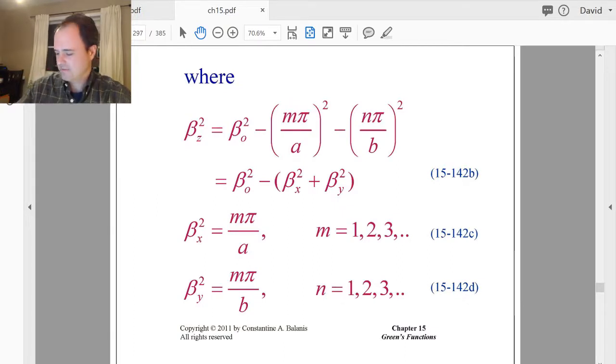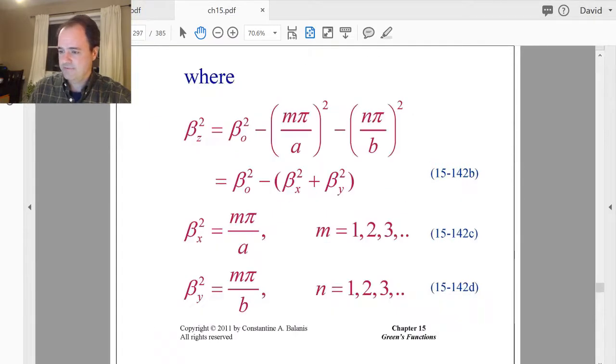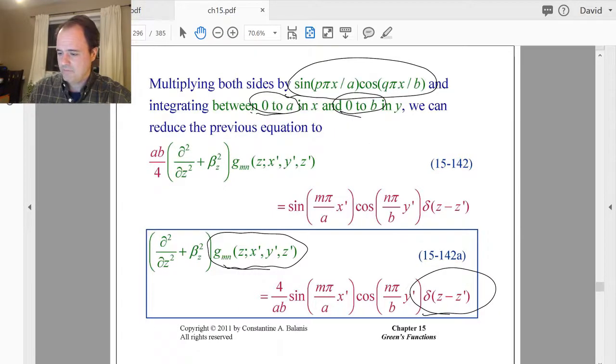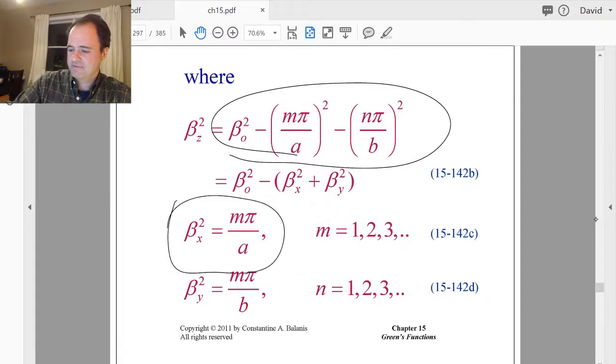So this is the equation G must satisfy, and it has a delta over here. It has a delta over there. And so my beta z is equal to this, and my beta x is this and this.